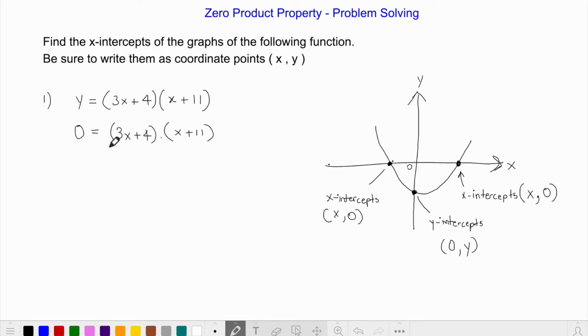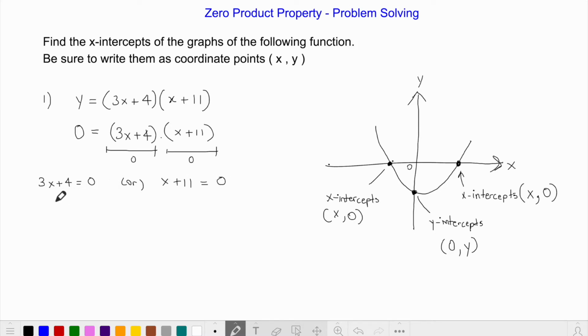So the first factor has to be 0, or the second factor has to be 0 to satisfy the equation. Let's solve them separately. 3x plus 4 is equal to 0, or x plus 11 is equal to 0.